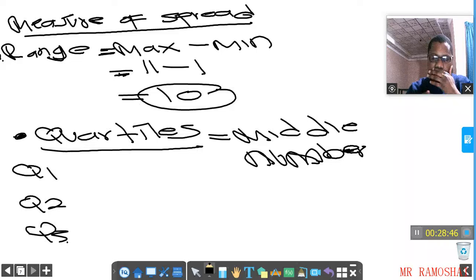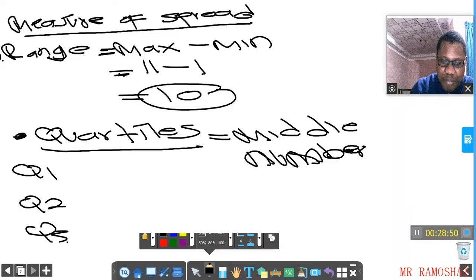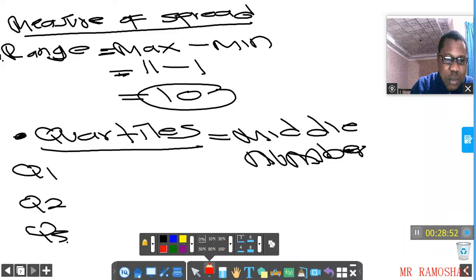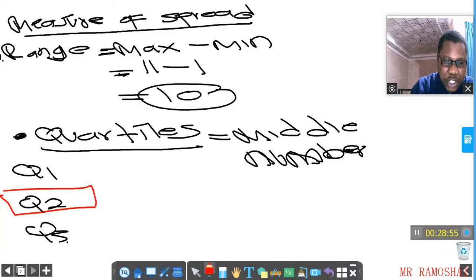But here is a different story. We start in the middle. The middle one is the one that is going to give us a direction. We must start by understanding this. If we understand quartile 2, then we will be able to understand quartile 1 and quartile 3. Okay? Right.